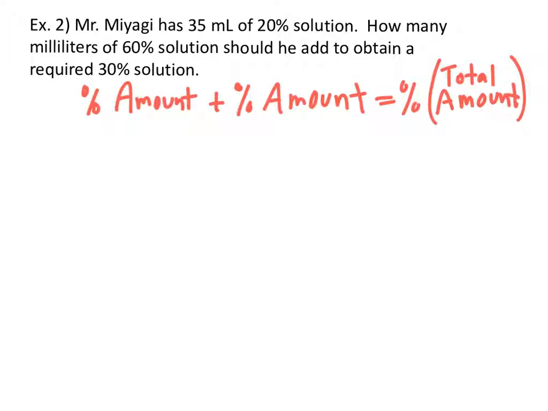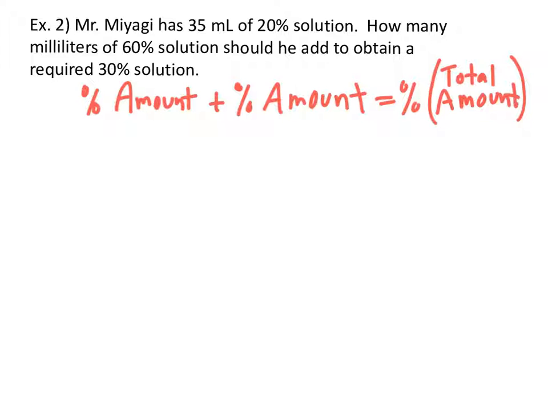So when we say that Mr. Miyagi has 35 milliliters of a 20% solution, they give us something. Where does the 20 and the 35 belong? That's what he has. This is the amount, guys. This is the amount. And this is the percent of that amount. Does that make sense?